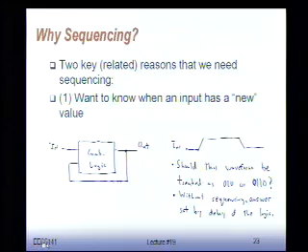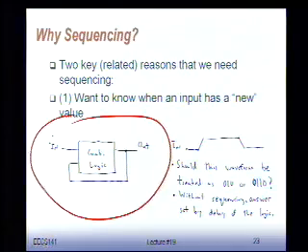Suppose I had no sequencing, no way of ordering. There are different ways of doing ordering, but suppose we have none, and I take a combinational logic block like this, take the output, and feed it right back into the input.